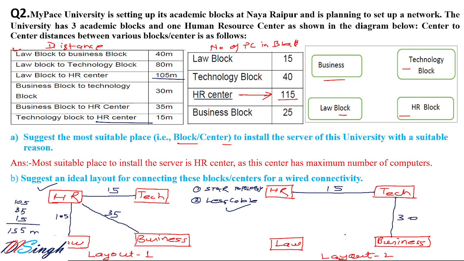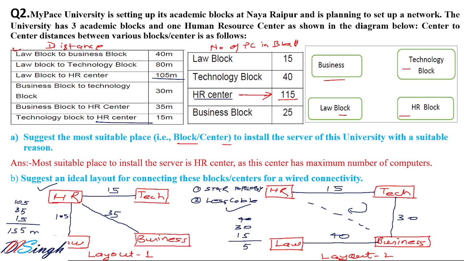Next we have 35, business to HR block, but we will not take this link, because otherwise we are going to get a loop here, and we don't want loops in our network diagram. Next is business to law, 40, so we are going to take this link. So here the cable requirement is 40 plus 30 plus 15.